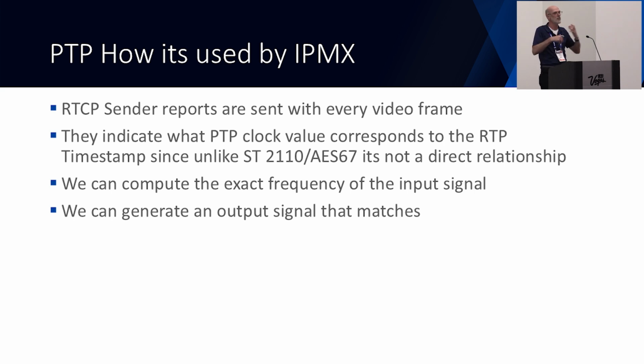So remember when I did that first sampling of the RTP timestamp with the PTP clock and I put a number there? Well, now I'm updating it every frame and saying, this is how it's aligned, this is how it's aligned, this is how it's aligned. And so we can compute the exact frequency of the input signal. The receiver can generate an output signal that matches that because both devices are locked to PTP.